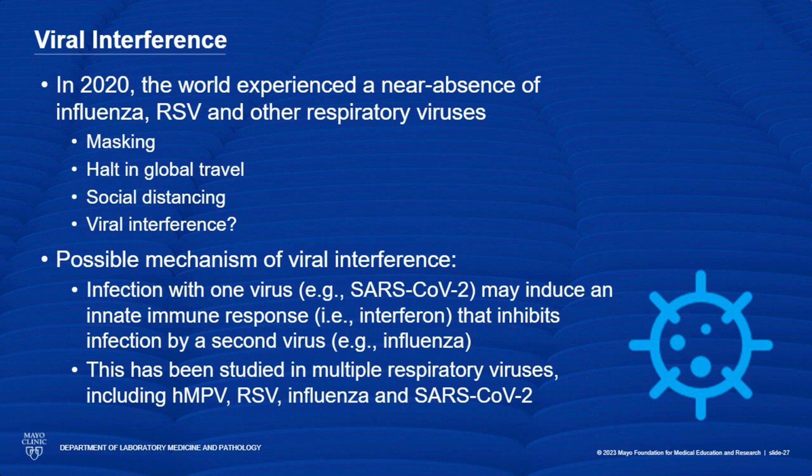And so I think that there could be something here, whereas an individual infected with SARS-CoV-2 may be less likely to also be infected with flu. Now, of course, we have seen patients who are co-infected, so it doesn't explain everything, but I have not observed the rate of co-infections that I anticipated 3 years ago.